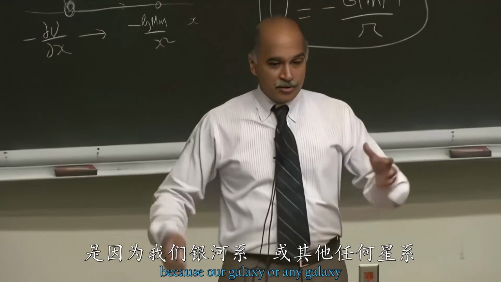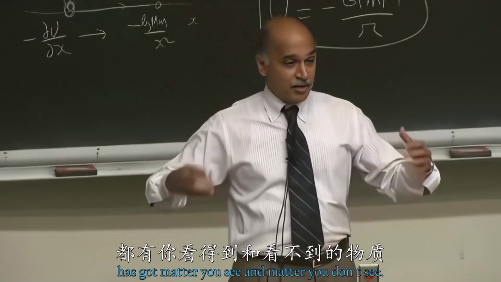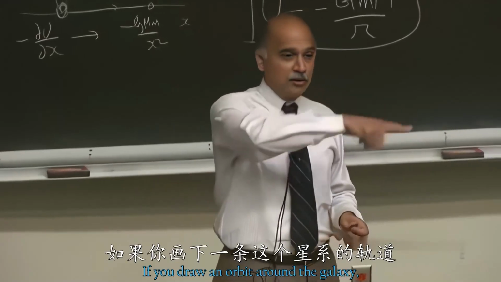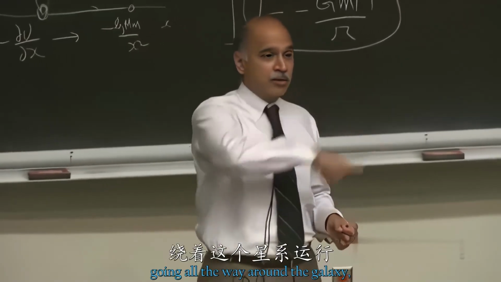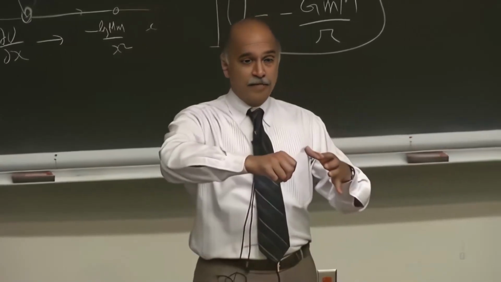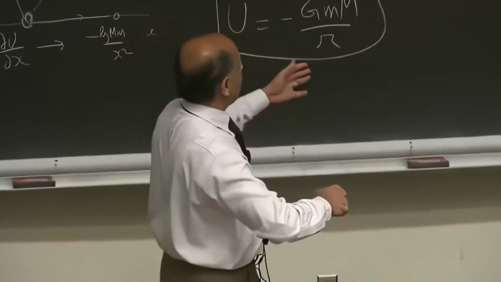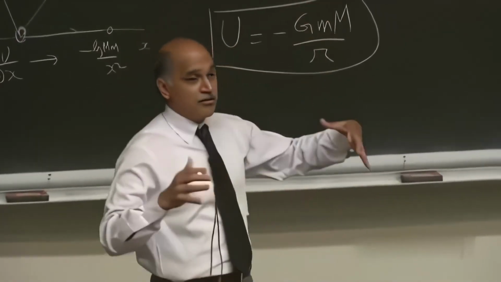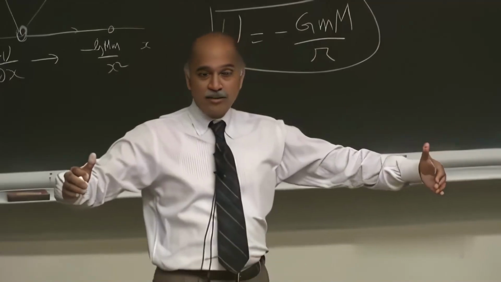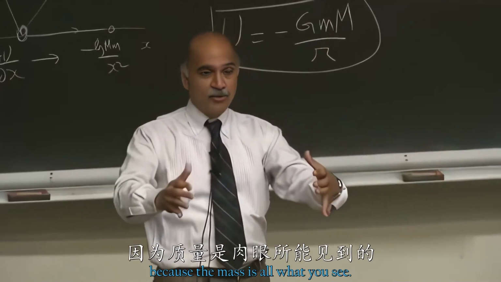You know it's there because our galaxy, or any galaxy, has matter you see and matter you don't see. If you draw an orbit going all the way around the galaxy, you can treat the entire mass as sitting at the center. Then you can use your gravitational formula, v squared r is the enclosed mass. If you go further out, you should find you're not enclosing any more mass, because the mass is all what you see.